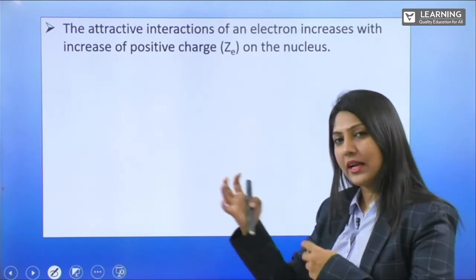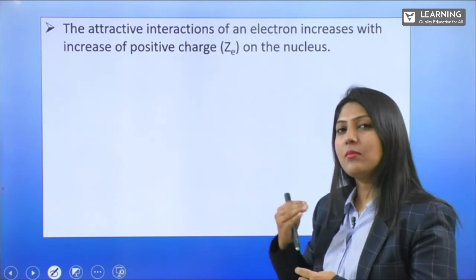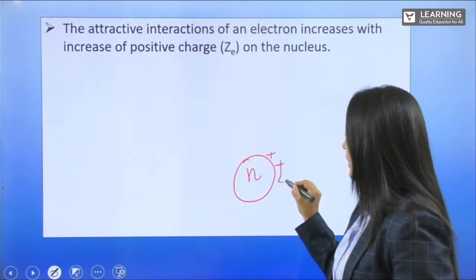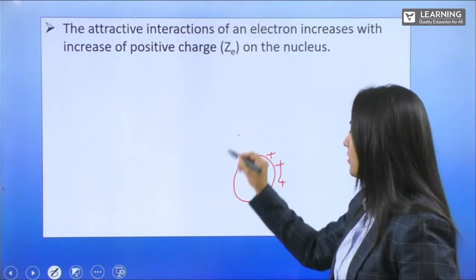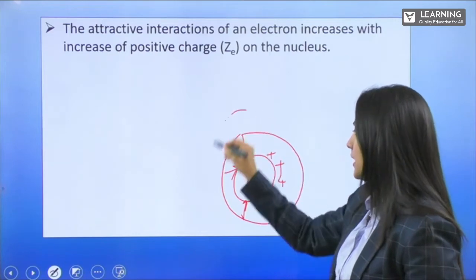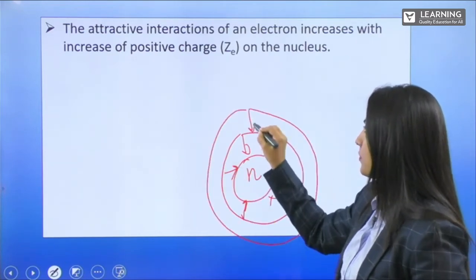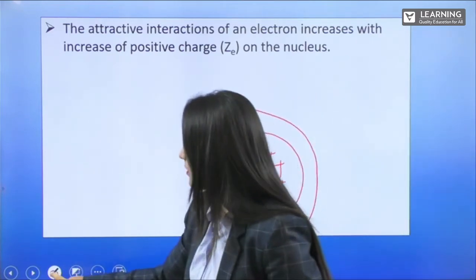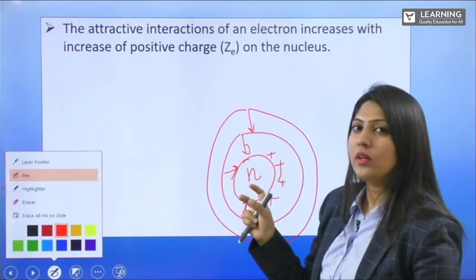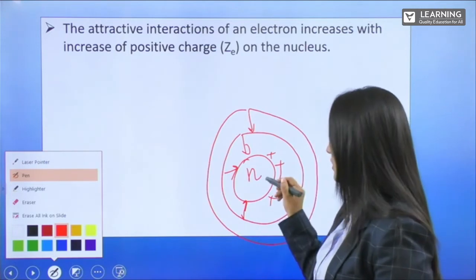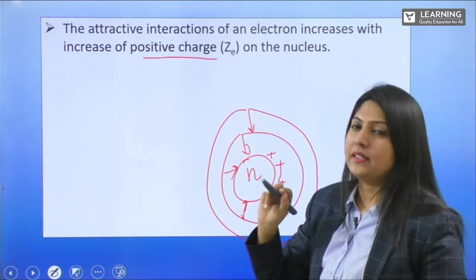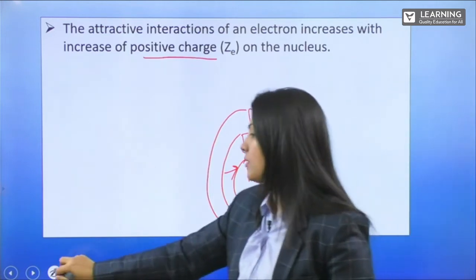As the charge in the nucleus increases, the attraction towards the nucleus also increases. Understood? This is called the attractive interaction between the electron and the nucleus. So that depends on the positively charged particles present in the nucleus.